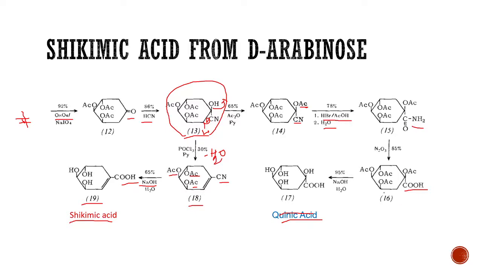Finally, we get the tetraacetyl derivative, which is hydrolyzed with NaOH and water, giving deprotection of all four OH groups, and we get compound number 17, which is known as quinic acid. So this is how we prepare shikimic acid and quinic acid from d-arabinose.